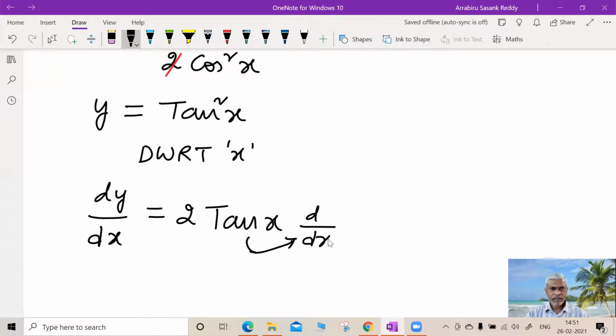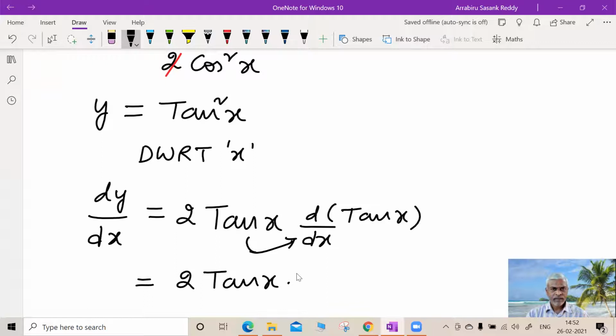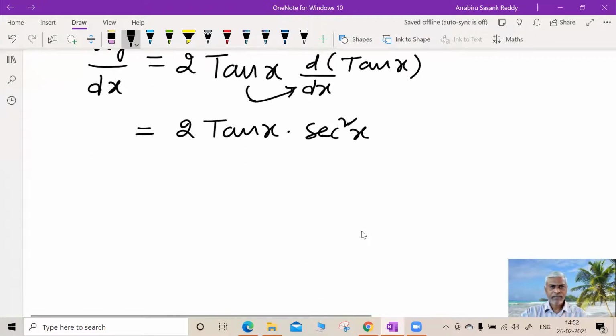D by dx of tan x. So 2 tan x, and tan x differentiation is sec square x. So 2 tan x sec square x.